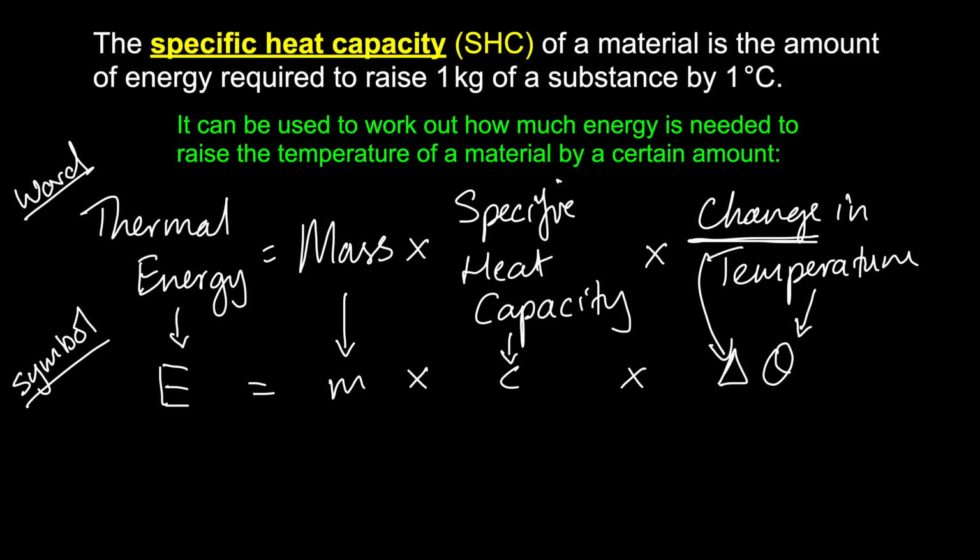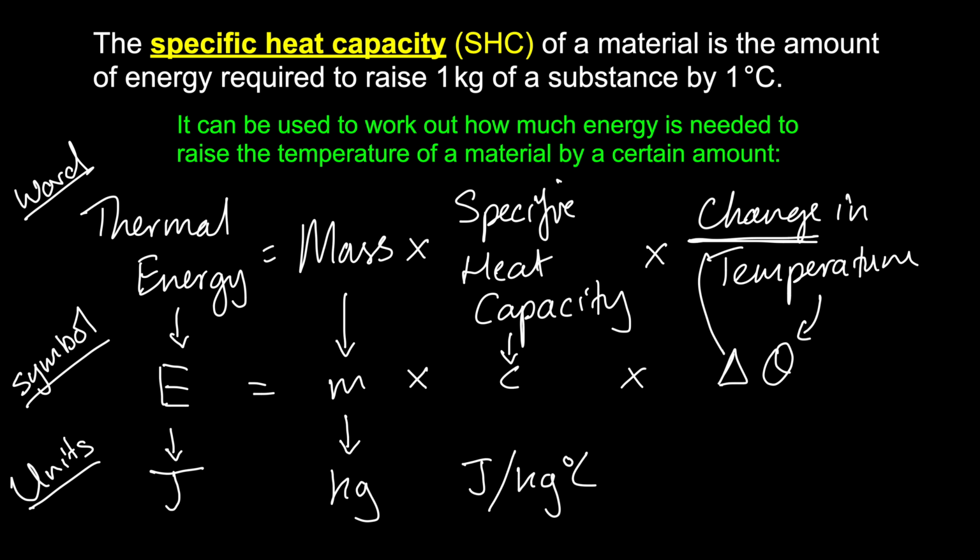The units are as follows. Energy is measured in joules, mass is measured in kilograms, specific heat capacity is measured in joules per kilogram degrees Celsius, and the change in temperature is measured in degrees Celsius.